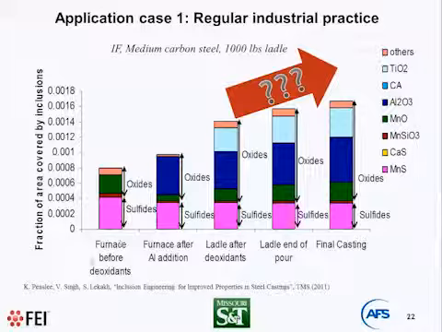We collected samples at different stages from the induction furnaces: before deoxidation, after preliminary deoxidation, where they use aluminum directly in the induction furnaces, then after final deoxidation. They also use titanium additions to getter nitrogen. And we sampled in the ladle at the end of pouring and the final casting.